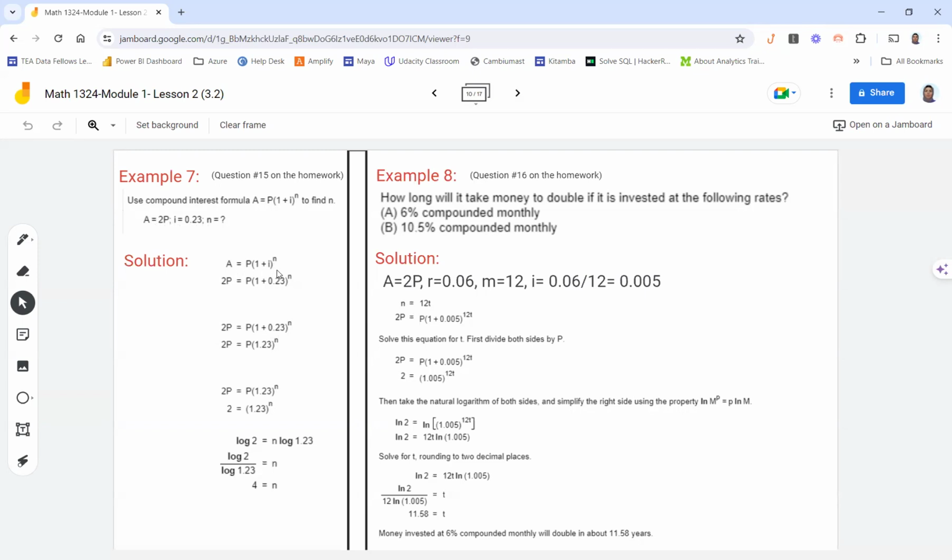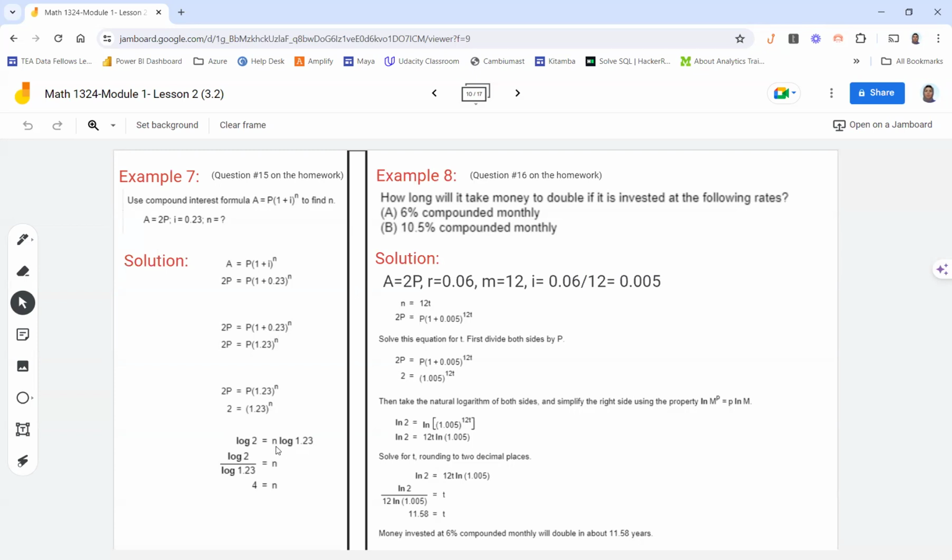So the formula is given. We're just going to replace the A with 2P is equal to P times (1 plus i, which is 0.23) to the power of n. If you just organize this equation and solve for n, because n is an exponent here, in order to solve for n, you need to take the log of each side. So log 2 is equal to n times log 1.23.